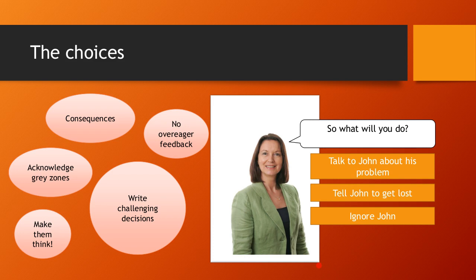And quite often you will find that also in not well-written branched scenarios, things where it's really, really obvious what the right one is. So talking to John about this problem, obviously, in any course, that will probably be the right answer.